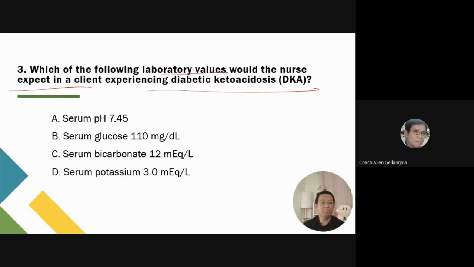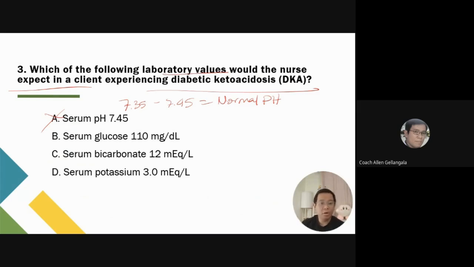So, which is something that we could expect, beginning with a serum pH of 7.45. 7.35 to 7.45 is the normal. In most literature, this is equivalent to a normal pH. So, is A the correct answer? No. Let's go with letter D, serum potassium.